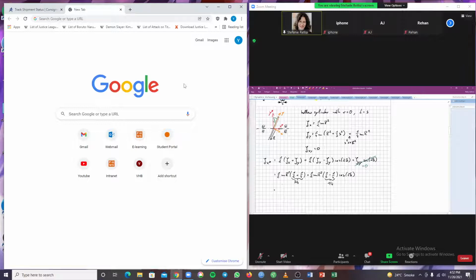Then we have 3/8 m r squared plus 1/8 m r squared cosine of 2 delta.